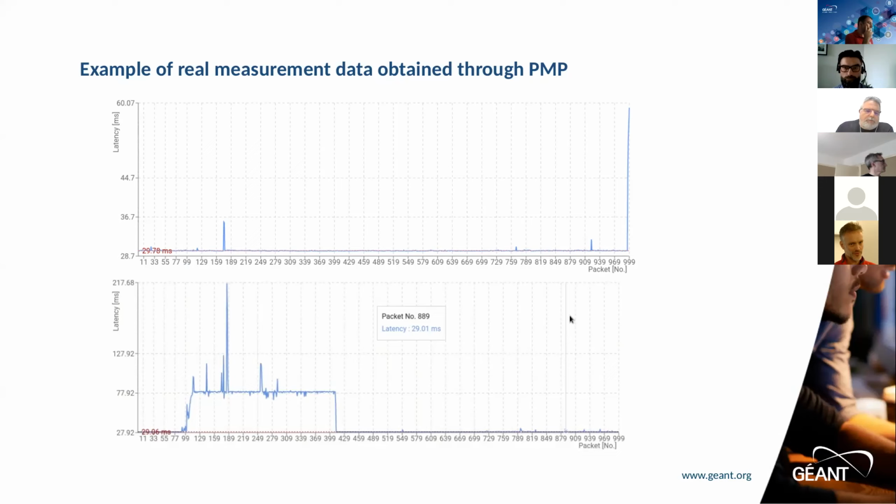For example, here is a median of 29.7 milliseconds, and the bottom one has 29.06 milliseconds. So if you just look at the numbers, you can skip the obvious anomaly that is going on in this picture.